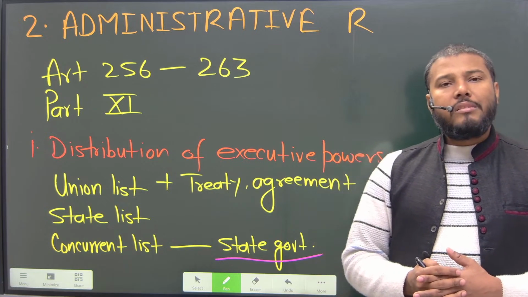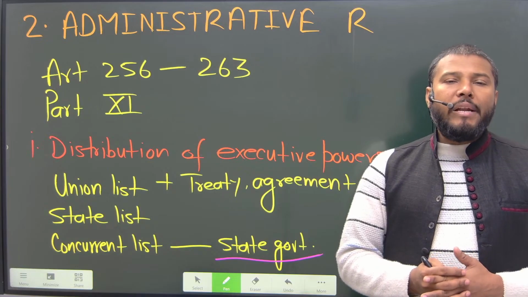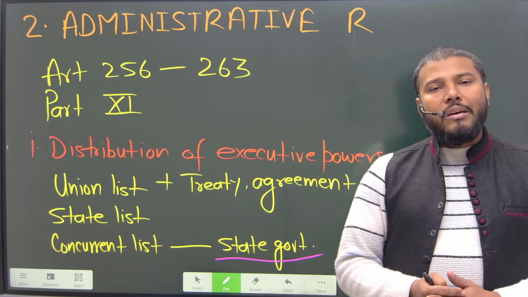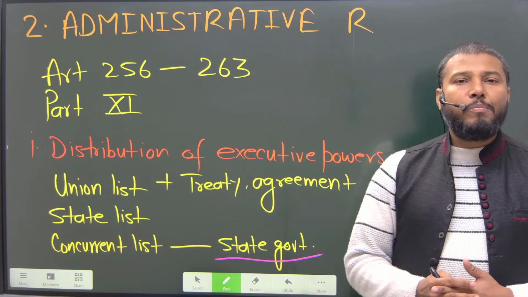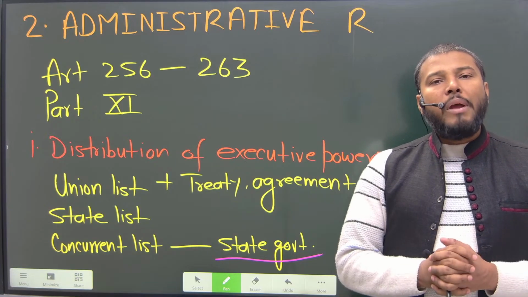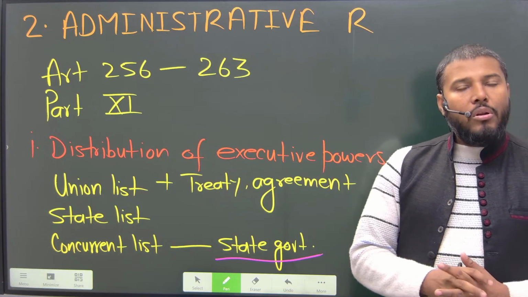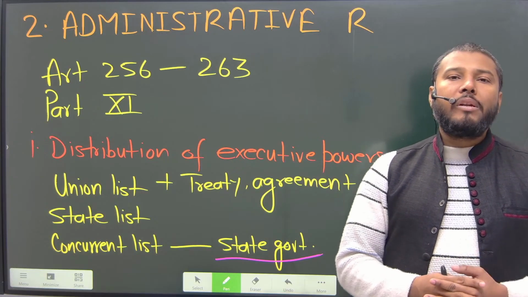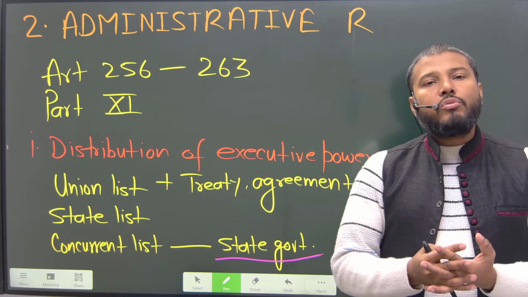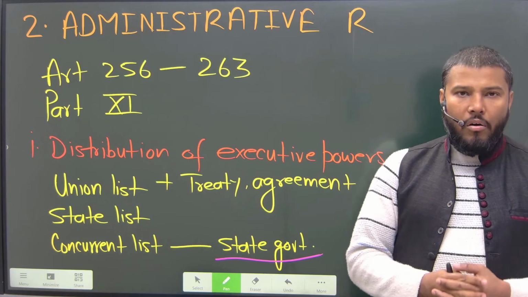If otherwise is not provided, if the parliament has made laws on a matter of the concurrent list and parliament is explicitly telling that this matter is going to be executed or administered by the central government, then only the central government shall ensure the enforcement or the administration or the execution of that particular order or law.